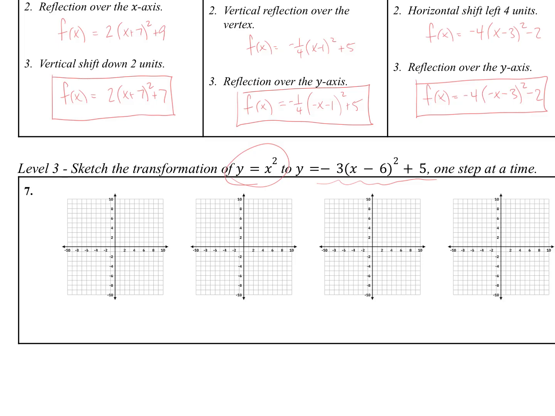I want to do one thing at a time, starting with the interior of the function. So the first thing I'm going to do is deal with just y equals x minus 6 squared. So what's that going to look like? Well, that's your parabola, but it's been moved 6 units to the right.